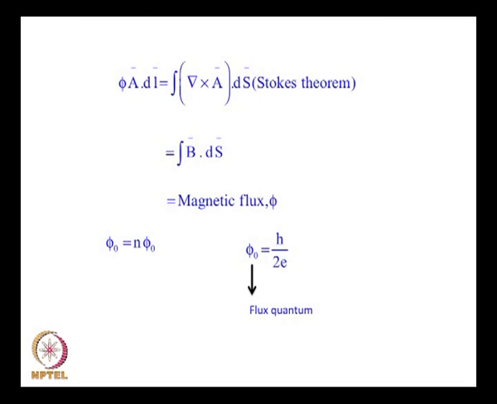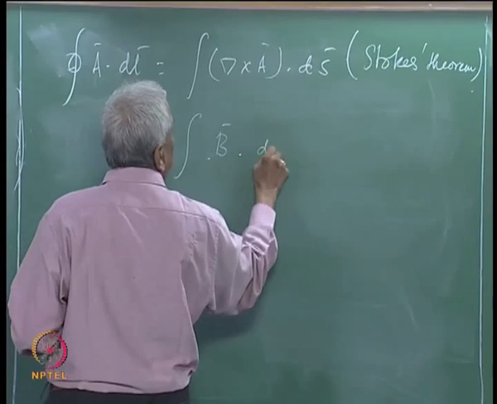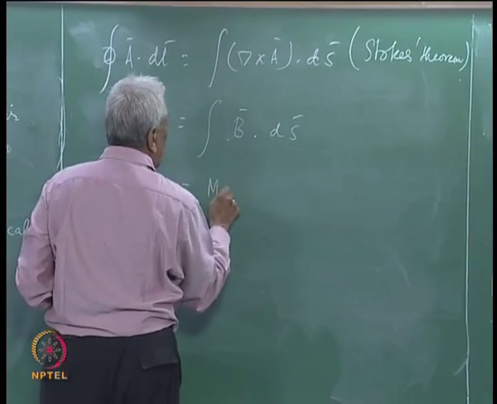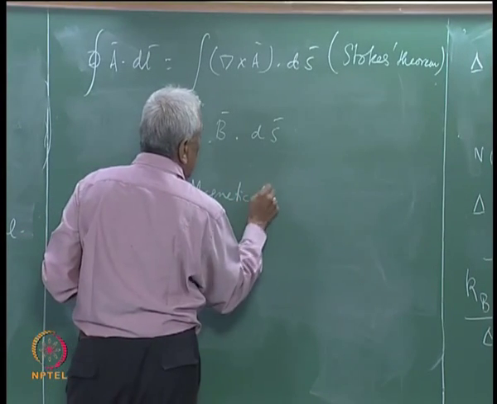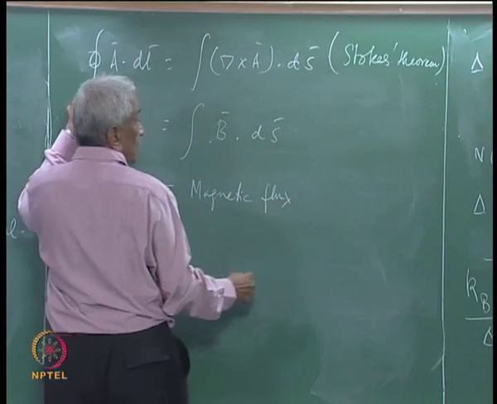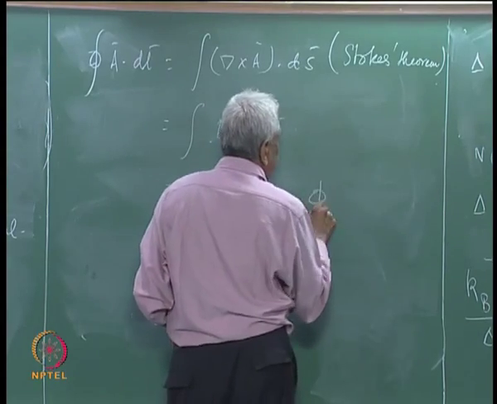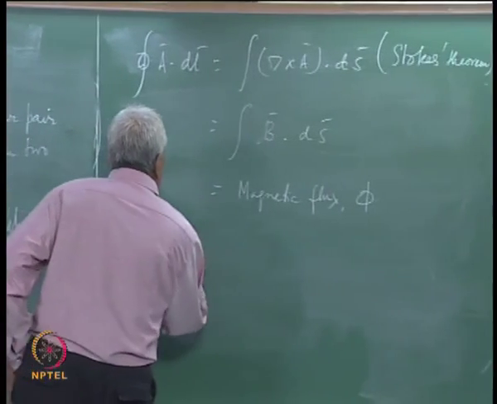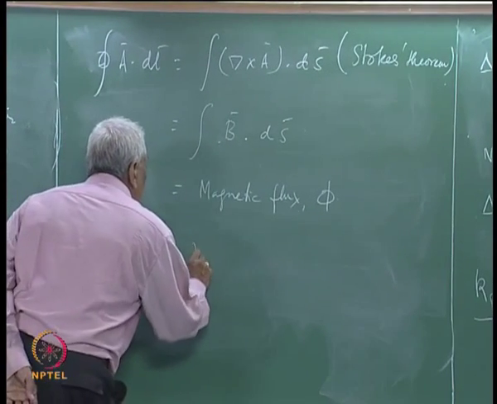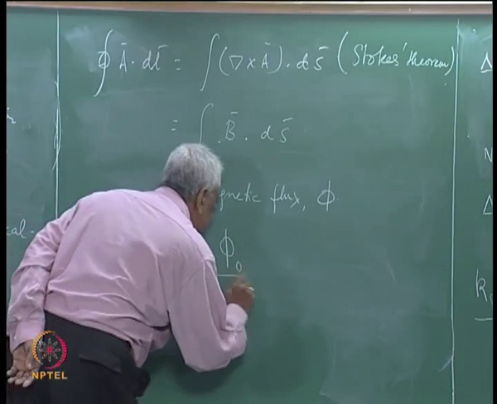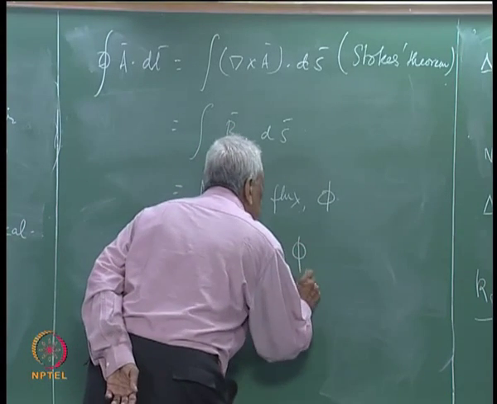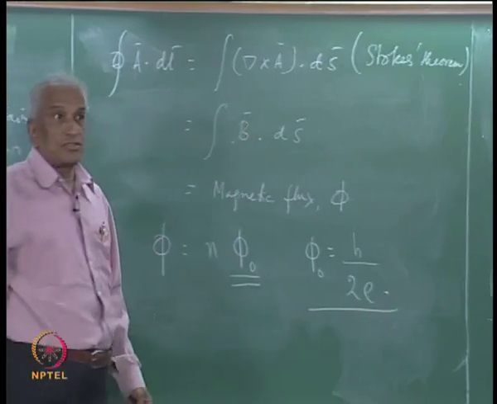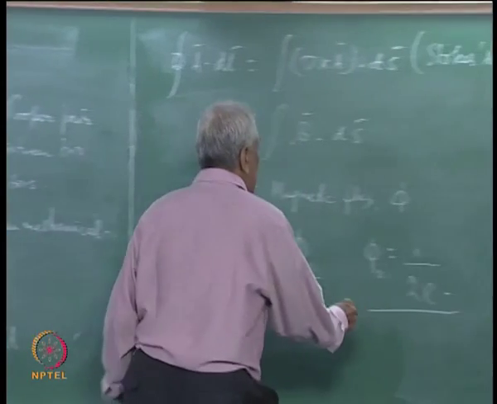And del cross A is nothing but the magnetic induction, and the surface integral of the magnetic induction is what we understand by the magnetic flux threading this contour, this loop. And this, as we saw already, led naturally to the quantization of magnetic flux in terms of the fundamental unit of the flux quantum, which is h by 2 E, where E is the electronic charge. So, this is the flux quantum.